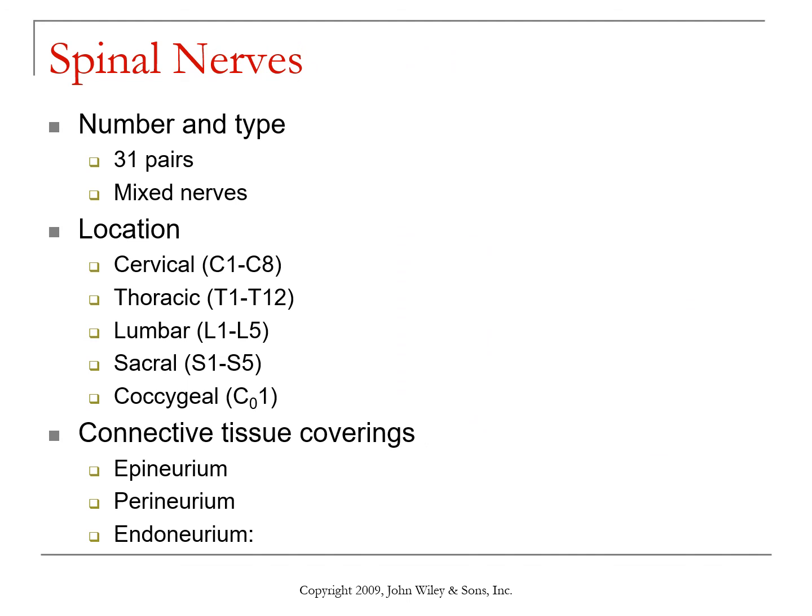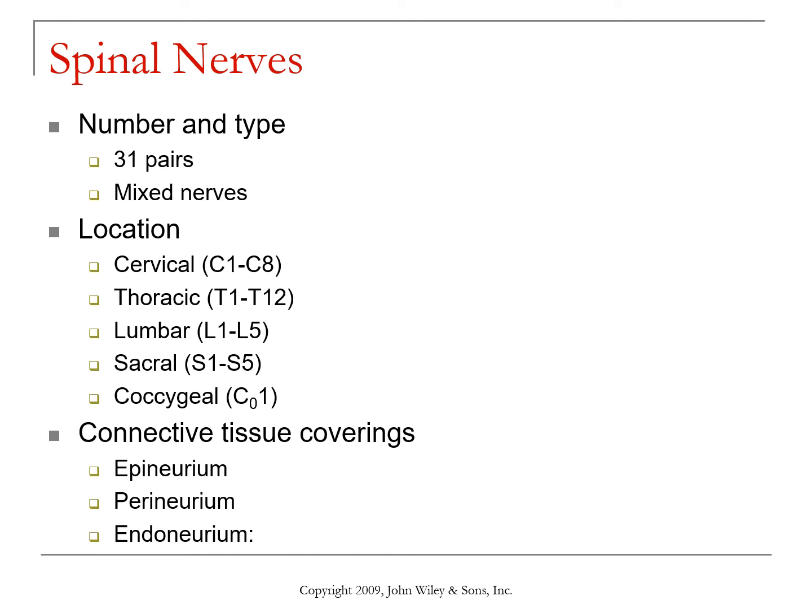There are 31 pairs of spinal nerves, but they are easy to name because they are named for the level of the spinal cord at which they exit through the intervertebral foramen between the vertebrae. All spinal nerves are mixed, meaning that they have both motor and sensory axons.